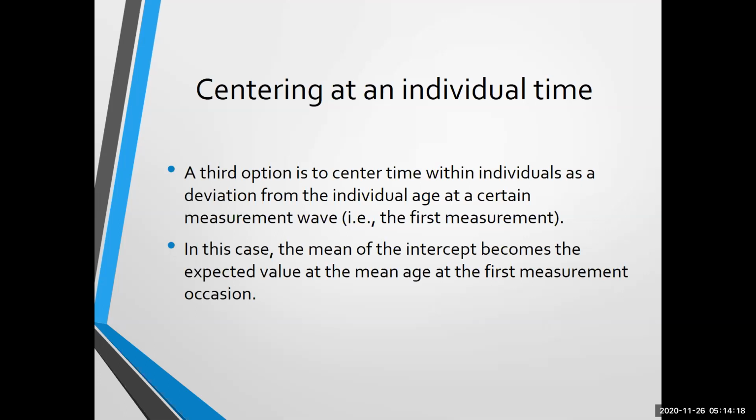So I can center at the age they were when they received the intervention, whatever age that was for each person. Therefore, the intercept would be their mean at the time they received the intervention.